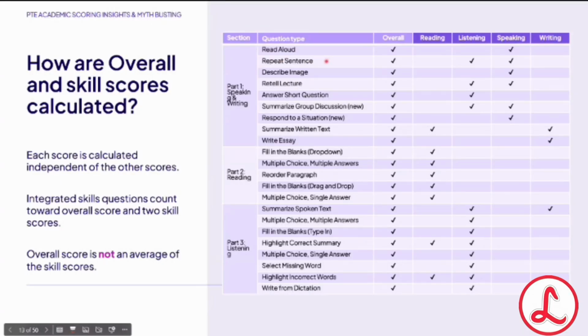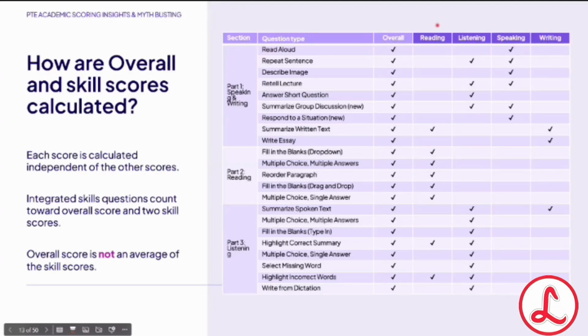For example, repeat sentence. This is where they listen to a sentence and then they have to repeat it out loud. Those questions count towards the overall score. They also count towards the listening score, and they also count towards the speaking score. So that means integrated skills count towards more than one of these scores. When we're calculating the overall score, that's based on every single response in the whole test, every question in the test.